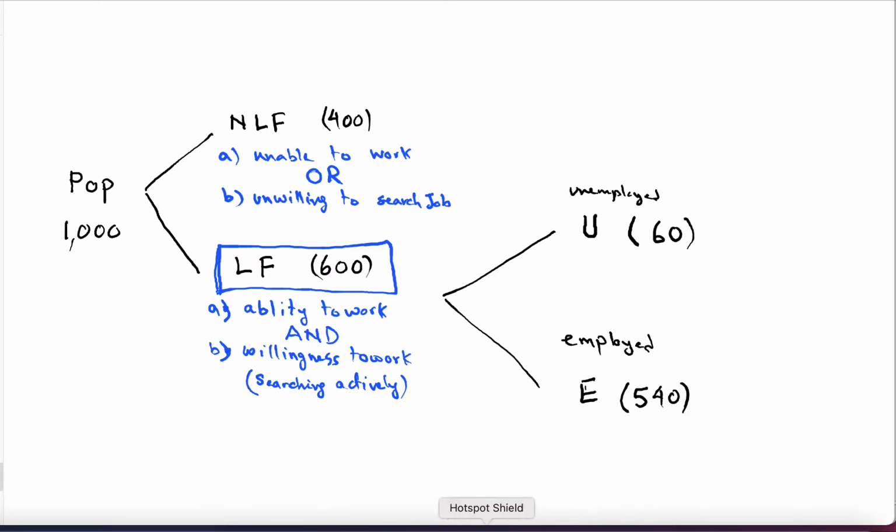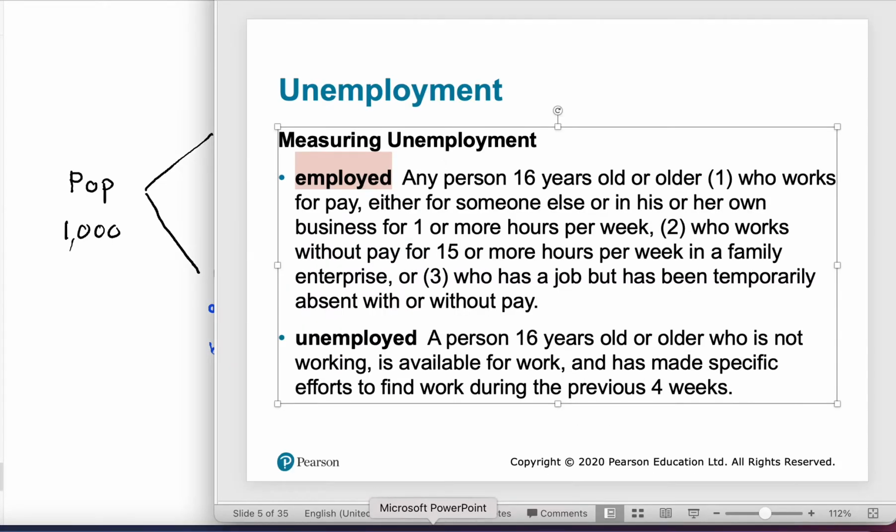and we put it here like this: 540 is those people. The unemployed, quite the opposite, are a person of 16 years or older who is not working, is available for work, and has made specific efforts to find work during the previous 4 weeks. 4 weeks, sorry, not years, 4 weeks.